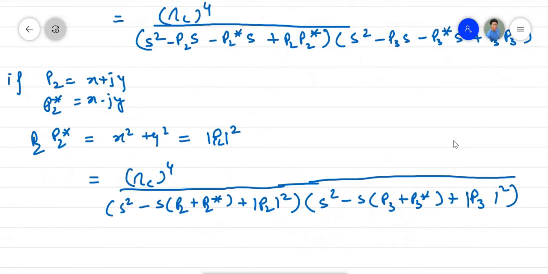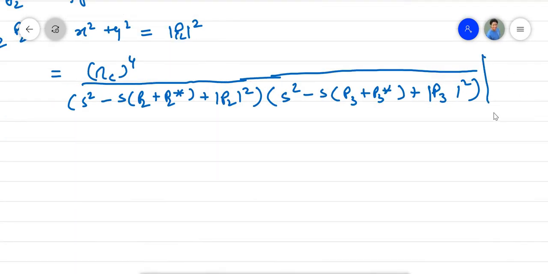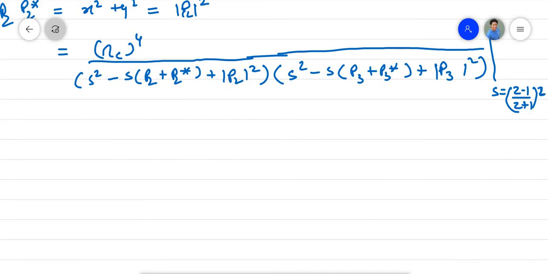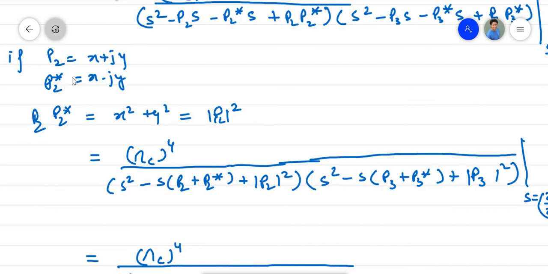And for all these cases, S is equal to 2 (z minus 1) over (z plus 1). Similarly, on this side also, S is equal to (z minus 1) over (z plus 1) multiplied with 2. Now we can write this equation again as omega c to the power 4 over (S square minus ... Please note that if you add P2 and P2 conjugate, it will be twice of x.